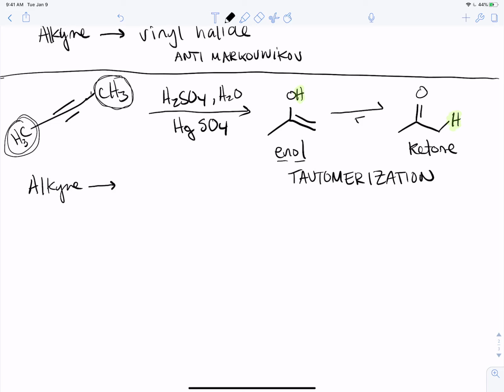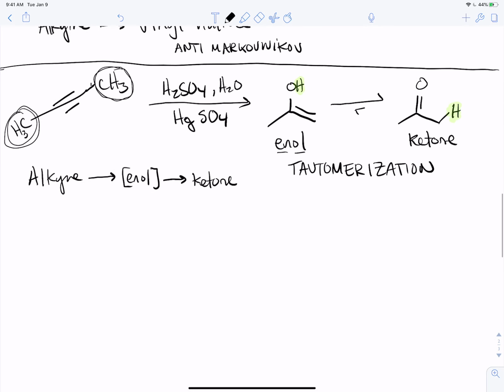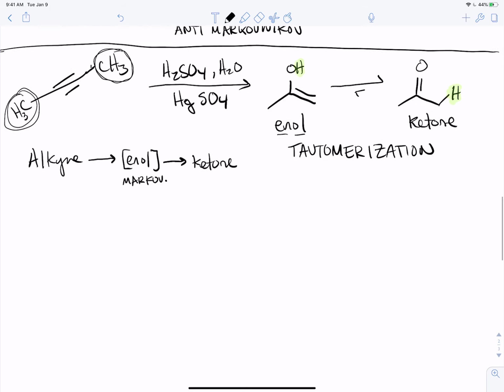So you could put enol maybe in brackets, and then put ketone at the end. It's unusual for it to form an enol and it to stay an enol. There's obviously exceptions to that, but generally you're going to go from an alkyne to a ketone. The enol that you form is going to go Markov. I'm just going to start shortening this guy's name. It's going to go Markovnikov.